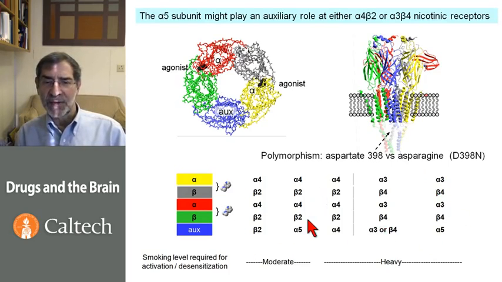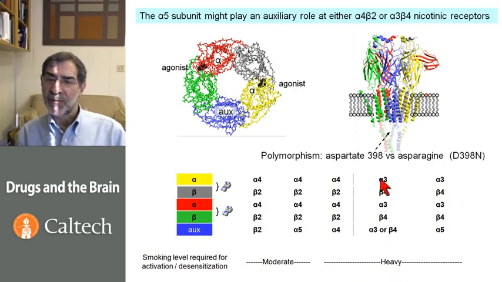In other places in the nervous system, the alpha 5 subunit can be in an auxiliary position in a receptor that has alpha 4 and beta 2 subunits. Usually we consider the alpha-4 beta-2 receptor as the one that is activated or desensitized at moderate levels of smoking. But we certainly cannot rule out the alpha-3 beta-4 receptor.